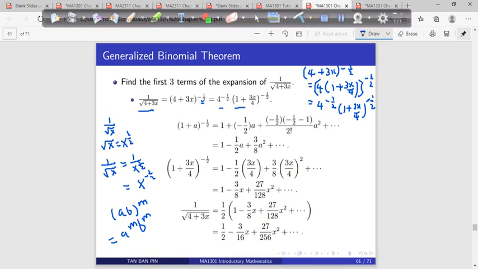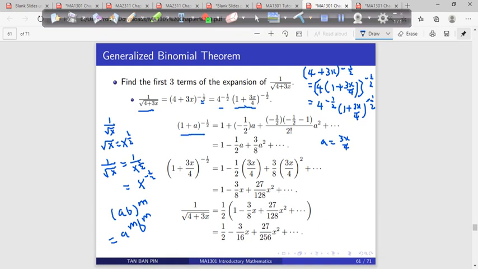And then you can focus on (1 plus 3x over 4) power minus half. So you consider (1 plus a) power minus half, and a is actually 3x over 4. So we go back to what I have done earlier.